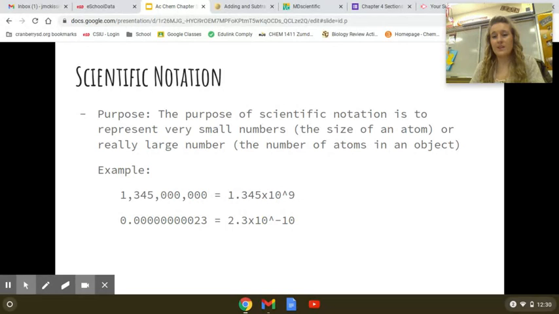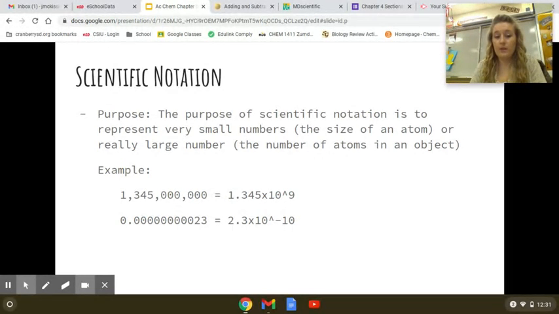So we want to represent these really big numbers or really small numbers in a short, easy to read representation. Mostly for a couple of reasons. One, if you wanted to use a calculator, you can't type in all of those zeros sometimes. There's like a max limit on a calculator. This would save that.